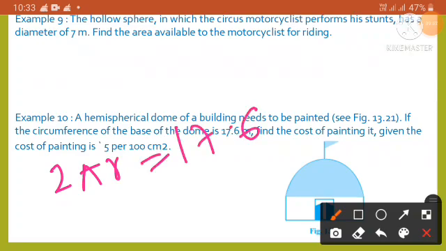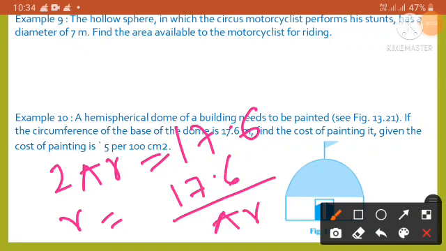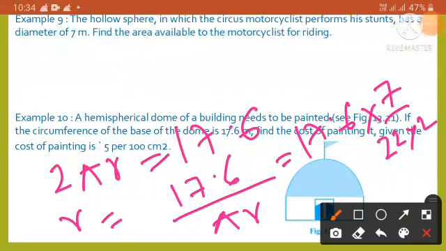Okay. So from here we can easily find out the value of radius, that is r. So r will be 17.6 by 2 pi, that will be 17.6 into 7 by 22 into 2. Okay. So ultimately we got the value of r, that is 2.8 meter.